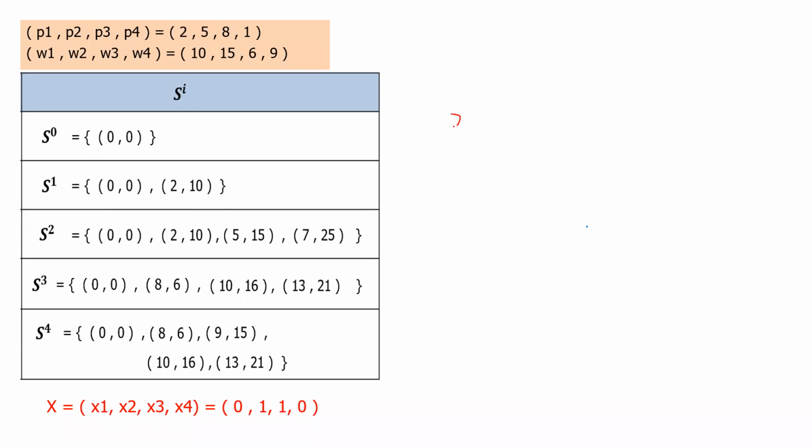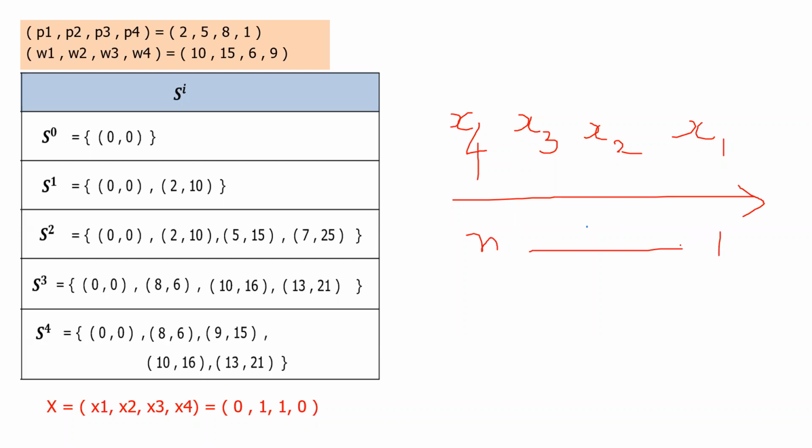So I'll make a decision on x4, whether I'll include it into the bag or not. Then I'll make a decision on the third object, then the second object. Finally, I'll make a decision on the first object, whether to include it into the bag or not. So I'm going to take decisions in the reverse order, starting from nth object to first object.